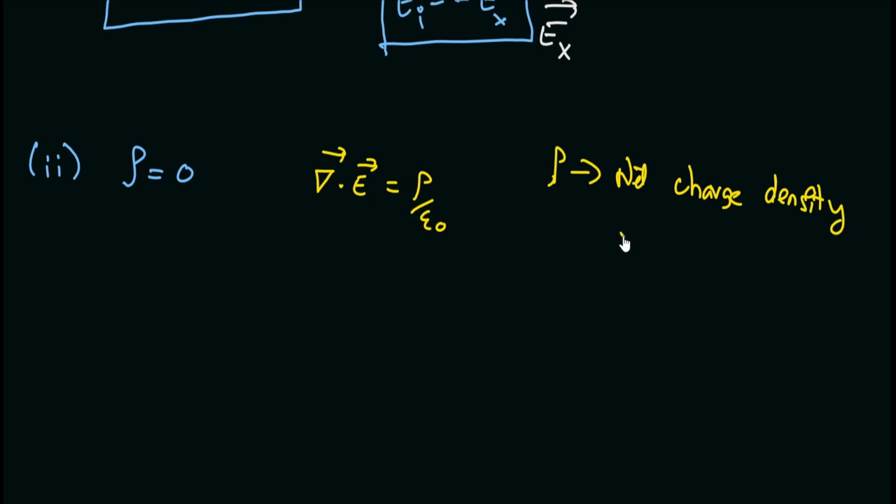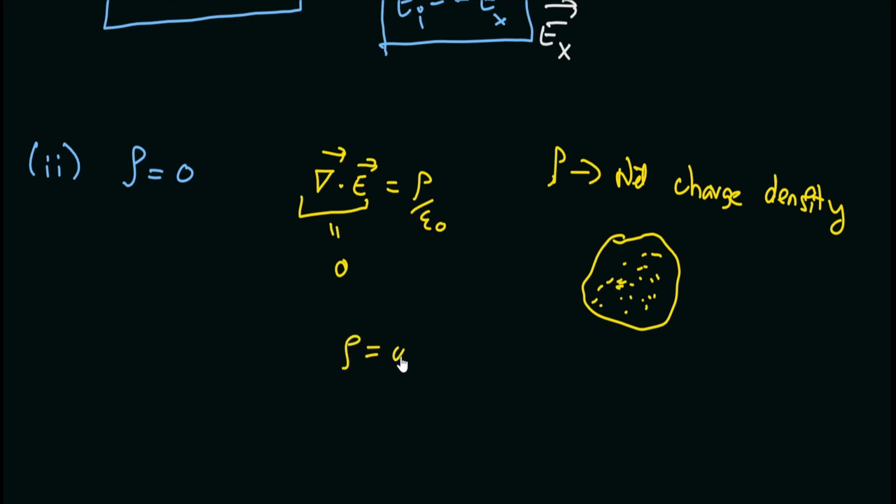Now we know that inside a conductor, let's say this is a conductor, the electric field is 0 at all points. Now, if the electric field is 0 at all points, therefore when we differentiate 0, which is constant, the differentiation will also be equal to 0. Therefore, the divergence of the electric field will be equal to 0. Therefore, from this, we can say that rho will also be equal to 0. That is, the net charge inside a conductor is always equal to 0.